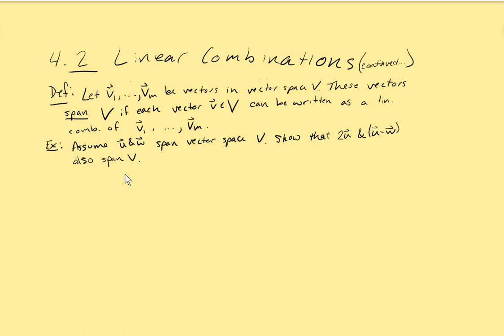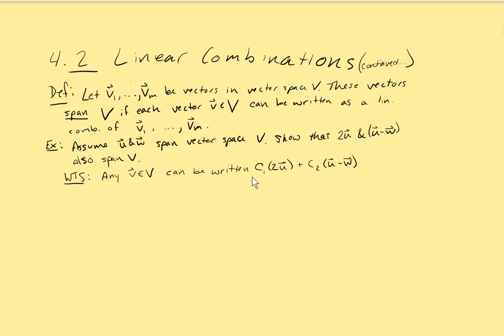We want to show that any vector v from this vector space can be written as a linear combination of 2u and u minus w. So let's just write generally what that is. A linear combination of those two vectors looks like some scalar c1 times 2u plus some scalar c2 times u minus w.